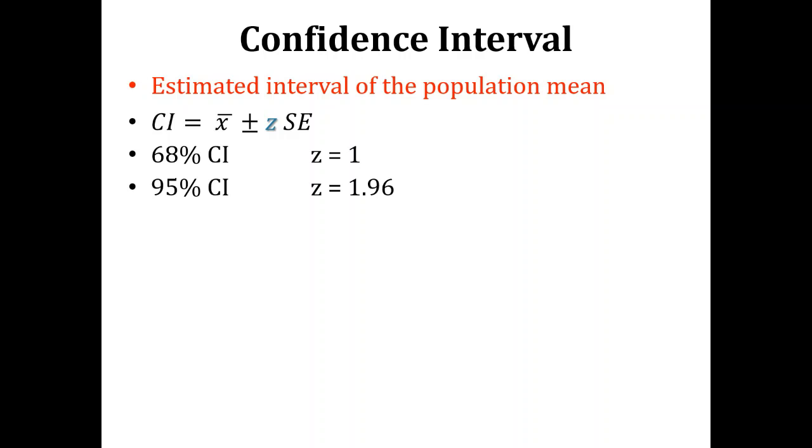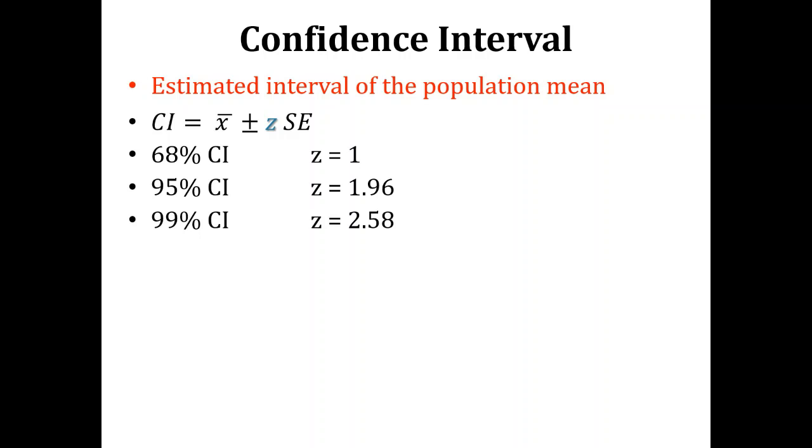People do it at 90% as well, but 95% is the confidence level which is generally agreed upon, right? So a 95% confidence interval is usually taken, and for that purpose we need to multiply the standard error value by the z value of 1.96. And if we want to further increase our confidence level to 99%, then we need to multiply the standard error value by the z-score of 2.58, right?